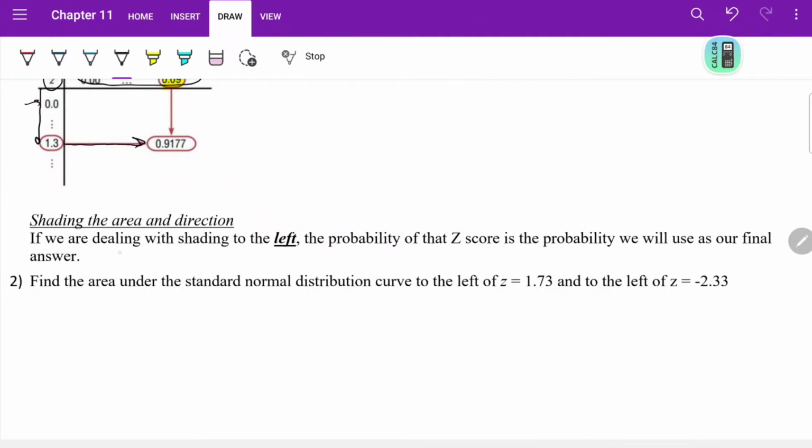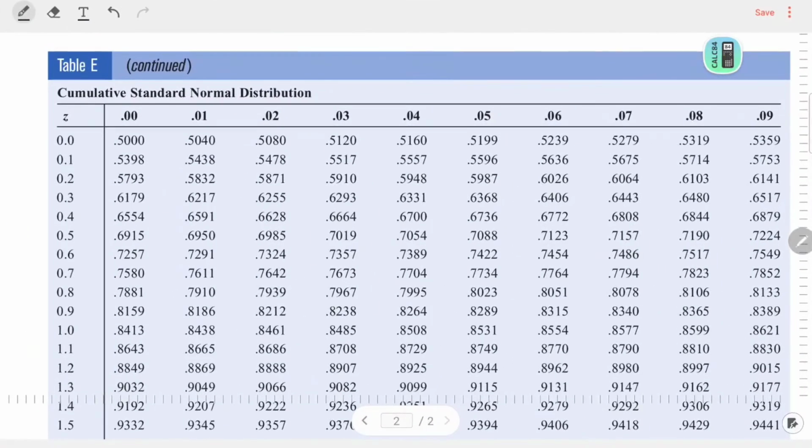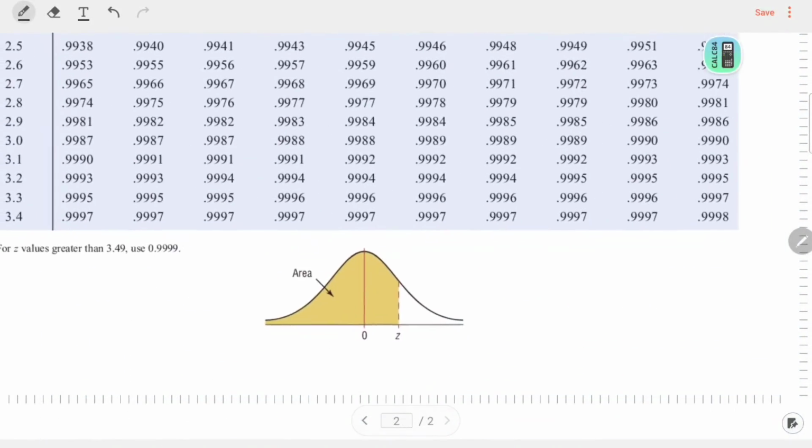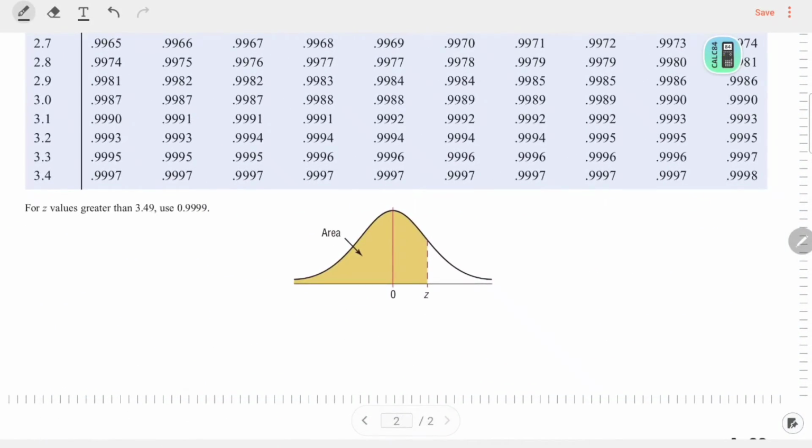Keep that in mind, because the standard normal distribution curve works the same way. If we are dealing with shading to the left, when it comes to a standard normal distribution or a normal distribution, the probability of the z-score is the probability that we will use in our final answer, which means every probability on this curve is shaded to the left. Scroll down to the bottom.